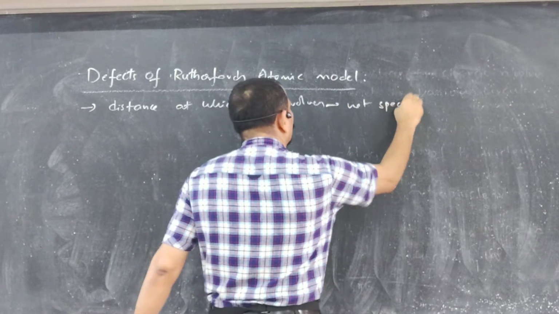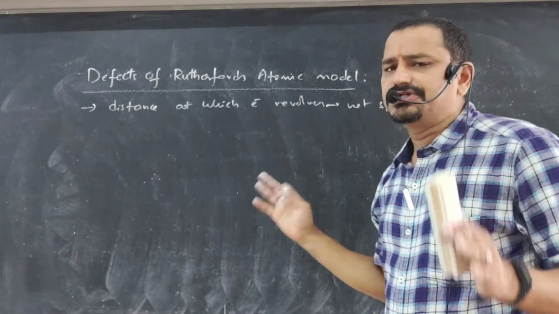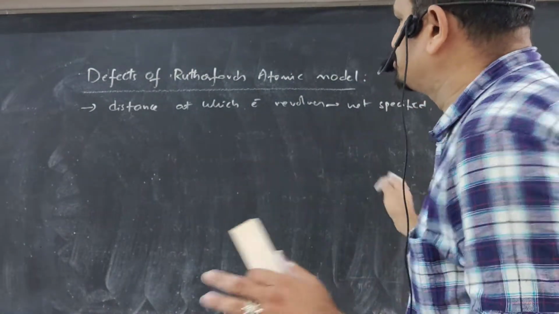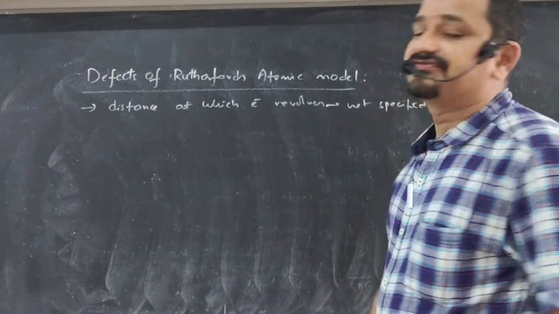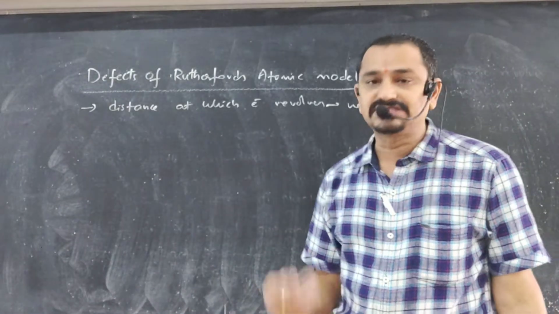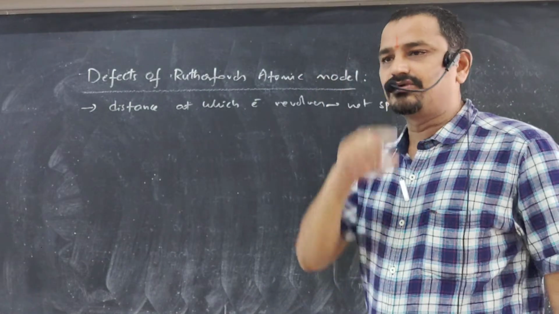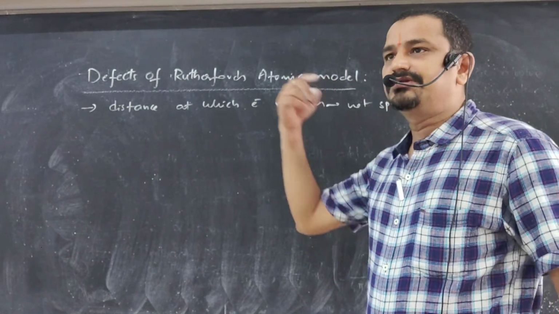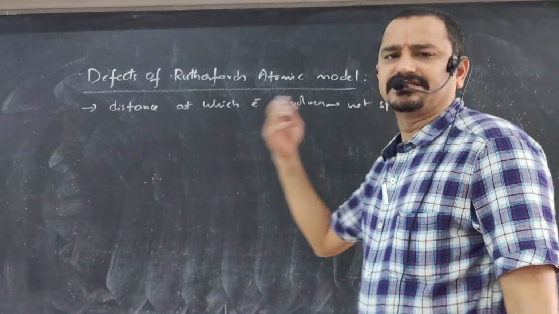No data is given about the exact position of the electron from the nucleus. The radius of the orbit in which the electron is moving is not specified, because according to Rutherford, the electron moves around the nucleus in different circular paths.